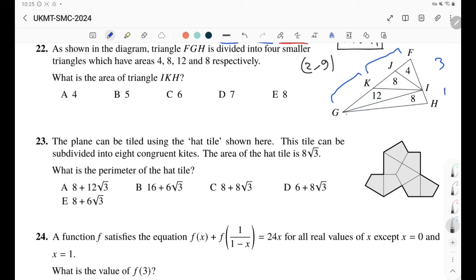Now if we return to our question, we needed to find this. We can say that KIH is equal to 1/4 of KFH. Now KFH is much simpler to work with.